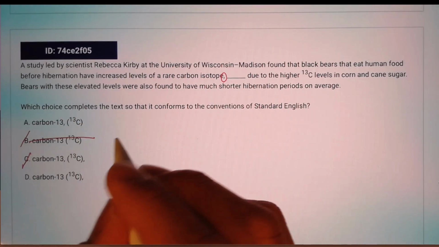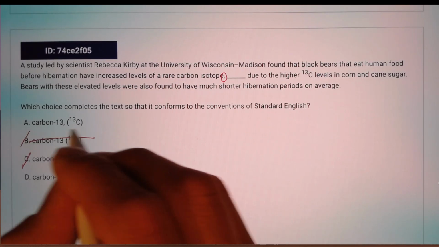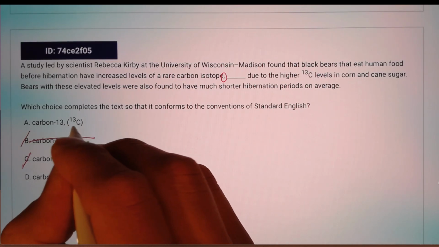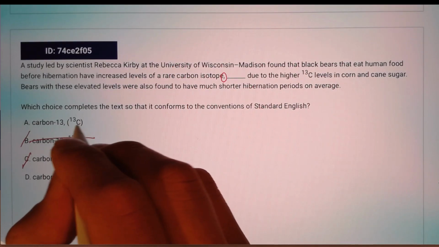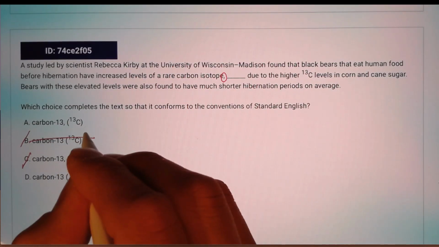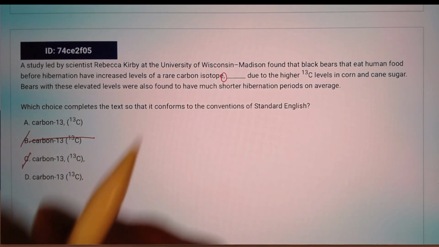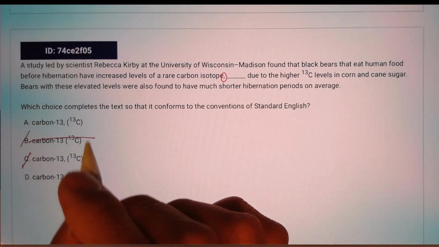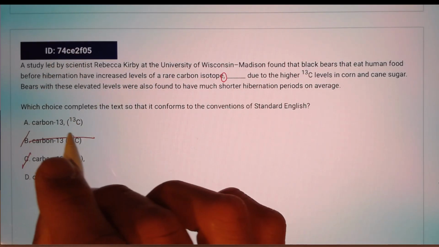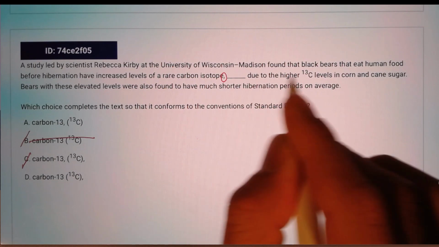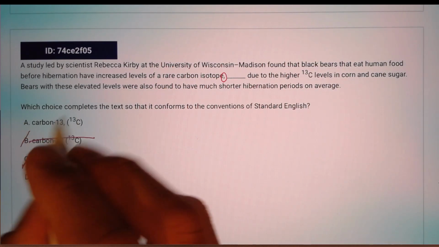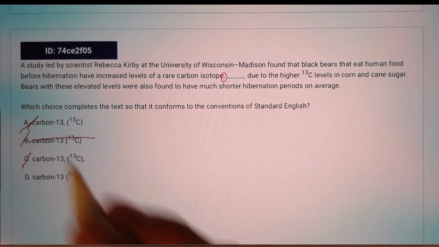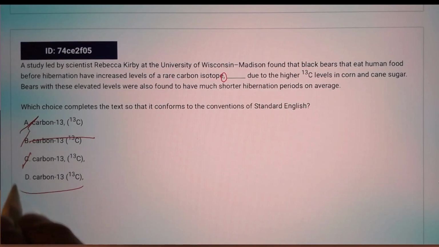Now, another problem in choice A is that if you start the 13 carbon without anything and do that, again, you have an awkward continuation right next to due to higher next phrase. So choice A is out. Choice D would be correct.